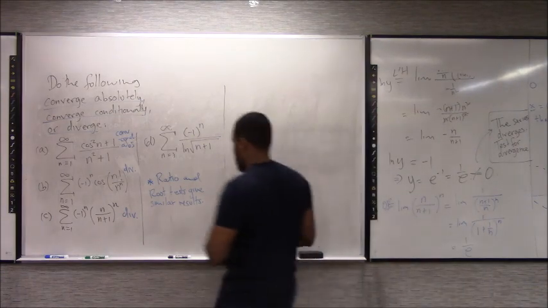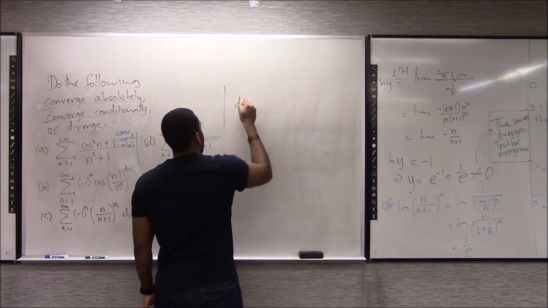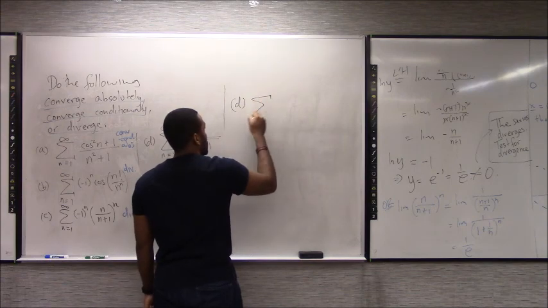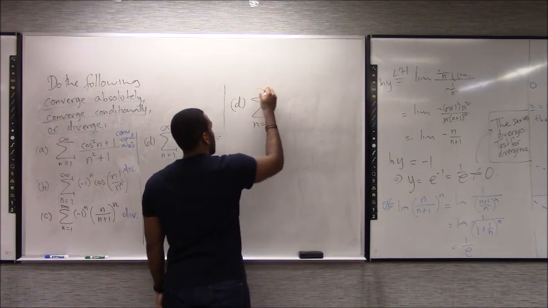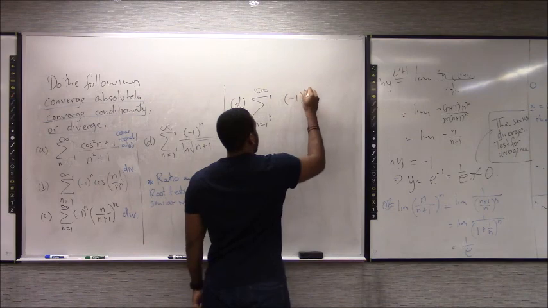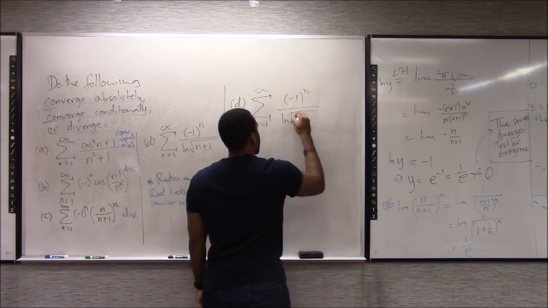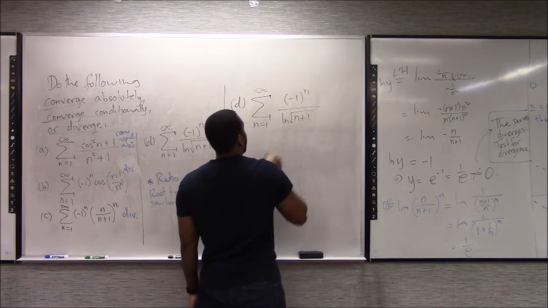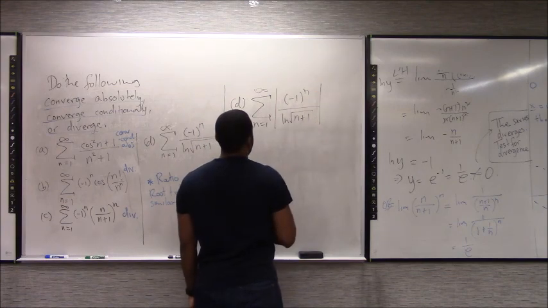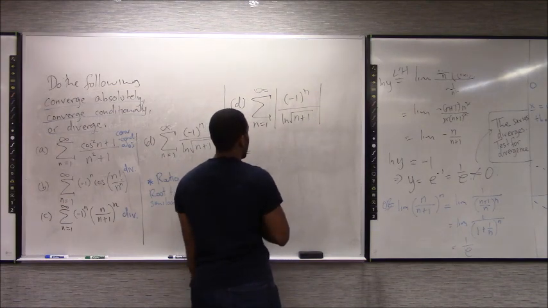Let's look at D. Okay, so I don't think anyone got to this one, so maybe tell me right now, how would you think about it? So first look at it with absolute values.